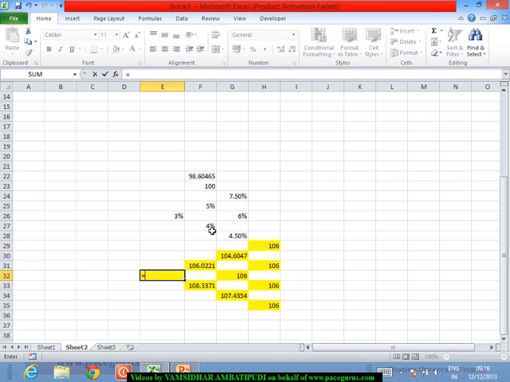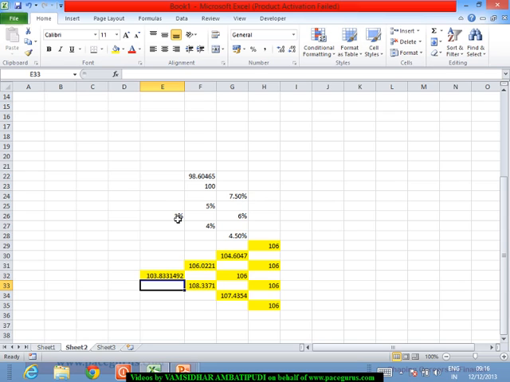Then the same logic, there is a 60% chance of going up and a 40% chance of going down. So 60% of this plus 40% of this, these two things I am discounting at the 3% interest, which is telling me that the value of this bond is going to be 103.83.